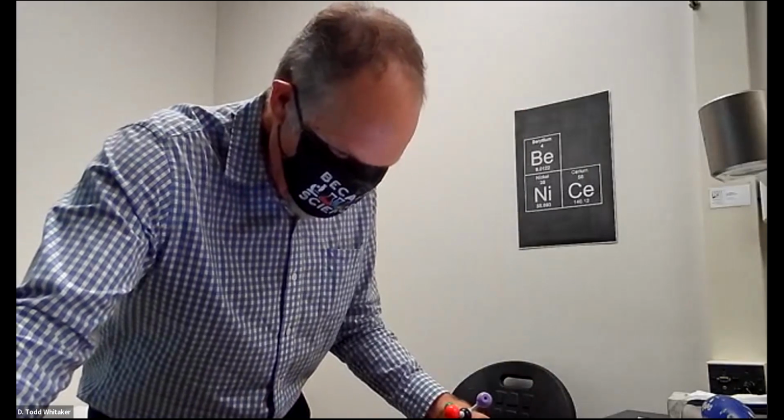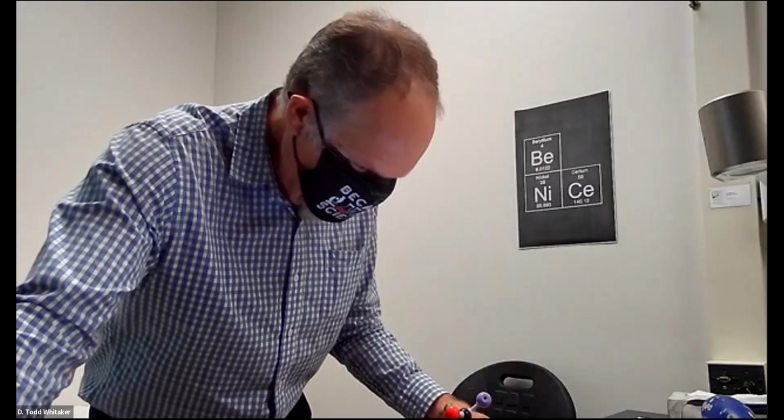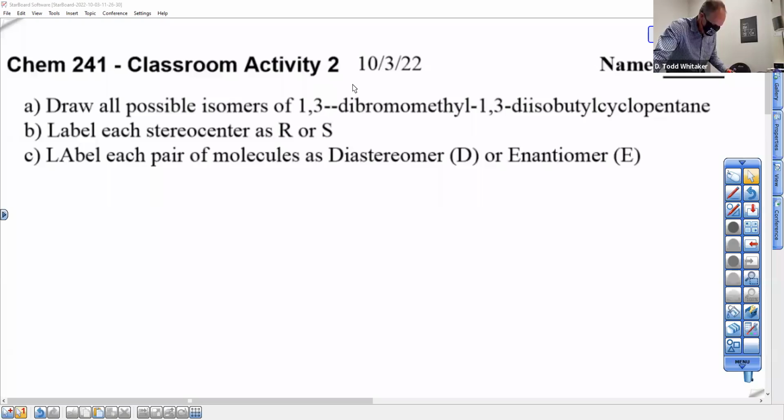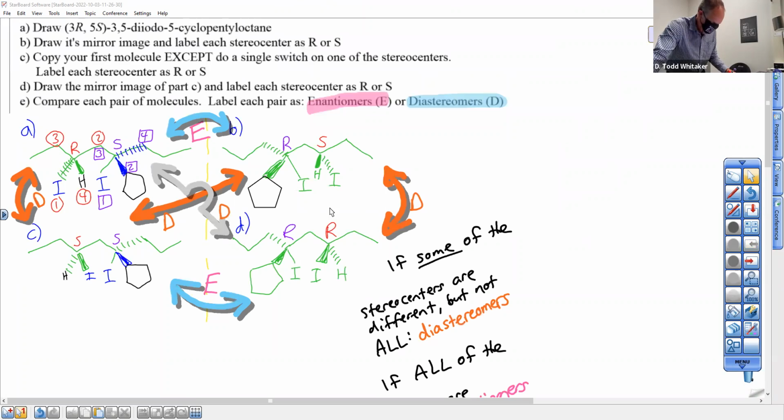Share screen. The previous example was found, I believe, here. Where's the answer to my previous one? Oh, there we go. Got it. These are definitely mirror images of each other, and they don't have an internal mirror plane.